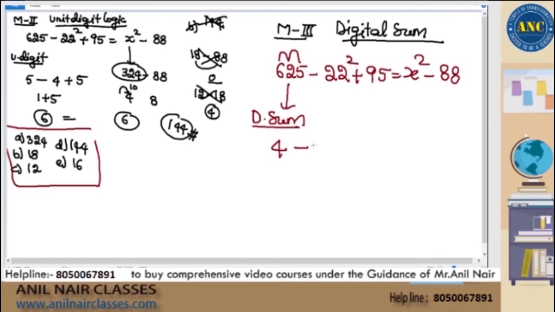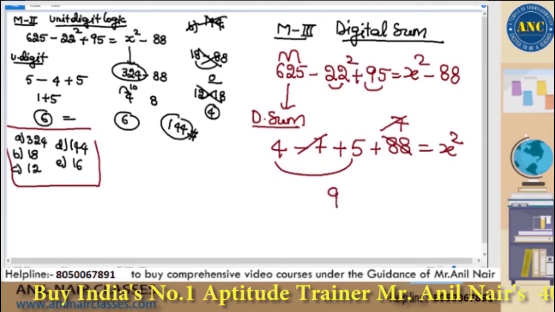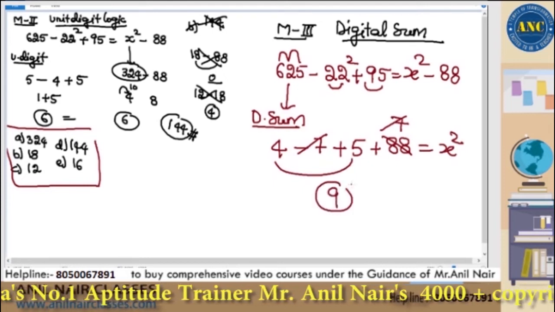It is 4 minus 2 plus 2 is 4. 4 square is 16. 16 is 7. 95, 5 plus 9, 14, it is 5. 88 is nothing but 7, 8 plus 8. 4 plus 5 is 9. X square should give you 9.